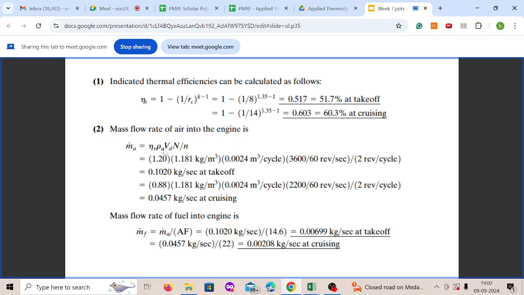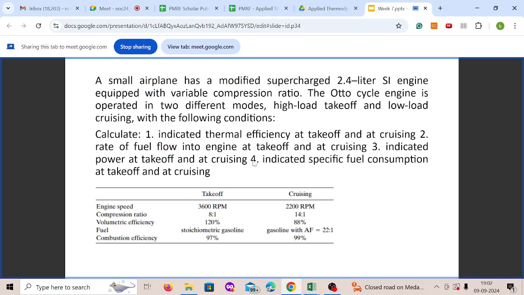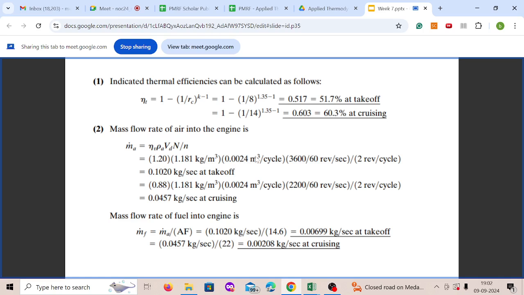Next is the mass flow rate of air into the engine, which is volumetric efficiency into rho into the displacement volume into speed. During takeoff, the volumetric efficiency is 120%, so 1.2 into density 1.181 into displacement volume 0.0024 m³, because it is given as 2.4 liter, so 2.4 into 10 to the power minus 3, into speed 3600 divided by 60.